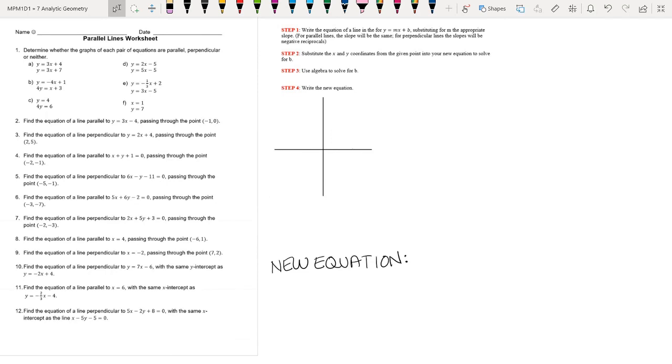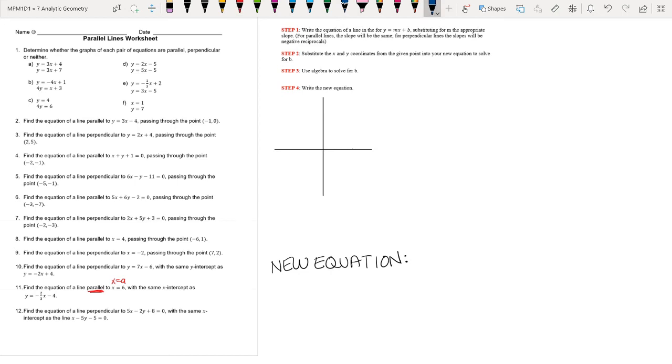Question number 11 reads, find the equation of a line parallel to x equals 6 with the same x-intercept as y equals -2/3 x minus 4. Analyzing the question, I can see I'm being asked for a parallel line, a line that is parallel to x equals 6. x equals 6 is in the form x equals a, where a represents the x-intercept, and this kind of line is a vertical line.